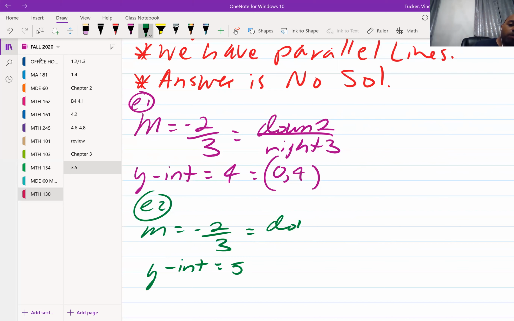Slope is the same instructions, down 2, right 3, ordered pair, 0, 5.